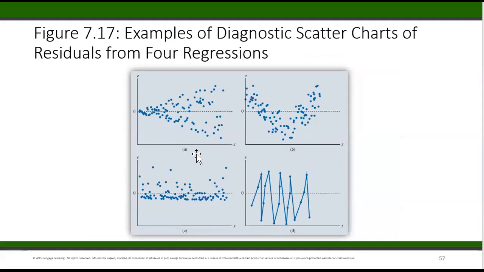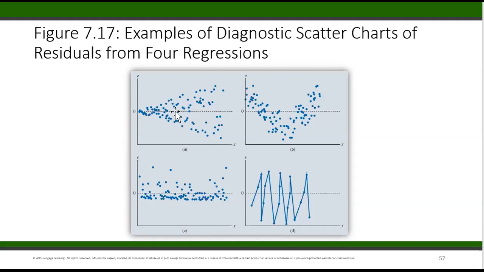It's probably better if you just pause the video and guess for yourself which condition is violated in each panel. So in panel A, as you can see, the center of the distribution is always 0 as you move from left to right.